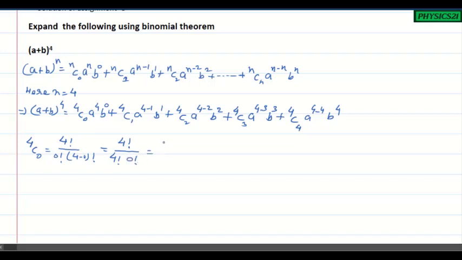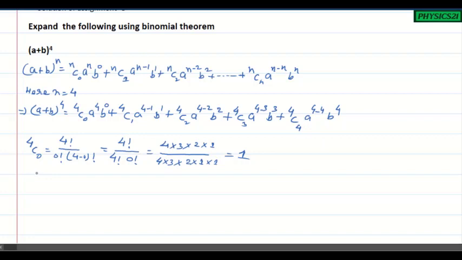Factorial 4 is written as 4 times 3 times 2 times 1 divided by 4 times 3 times 2 times 1, and the value of factorial 0 is also 1. So as we solve, we get 1.